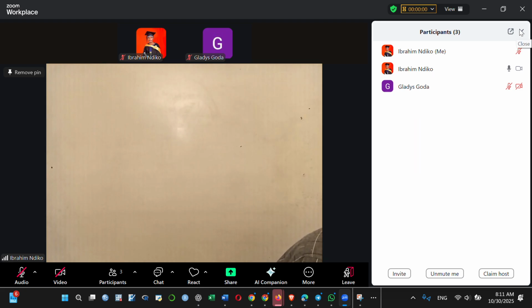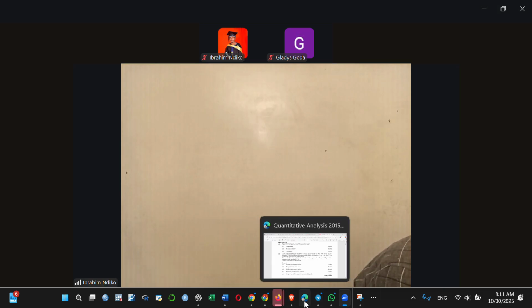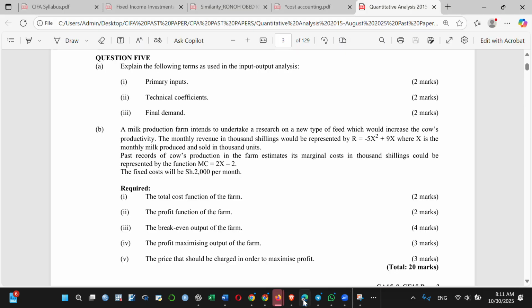Part A says that we are supposed to determine the total cost function. So part A, we are supposed to define the total cost function, but in the equation has been given the marginal cost function.